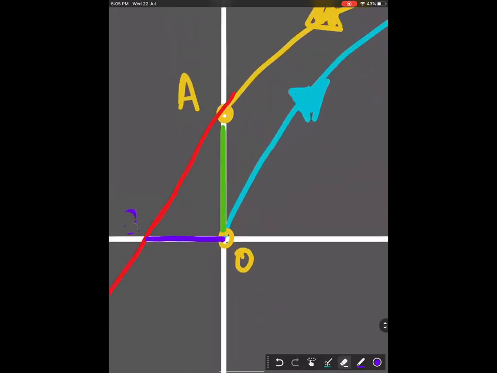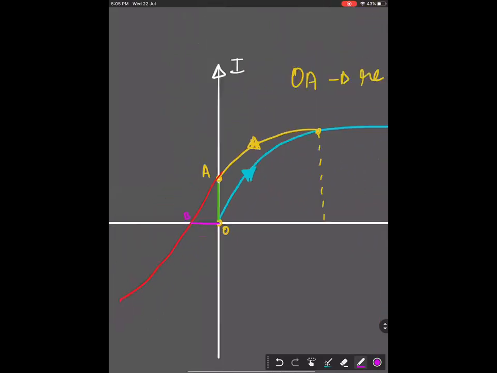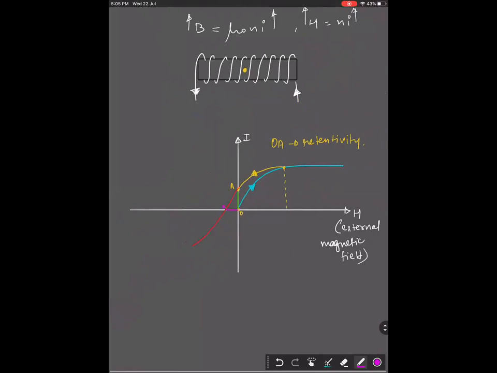How much negative magnetic field do you need to apply to remove I? You want to vanish OA, so OB. So you applied H, external magnetic field, in the opposite direction to vanish OA. Do you agree with that? Is it easy?